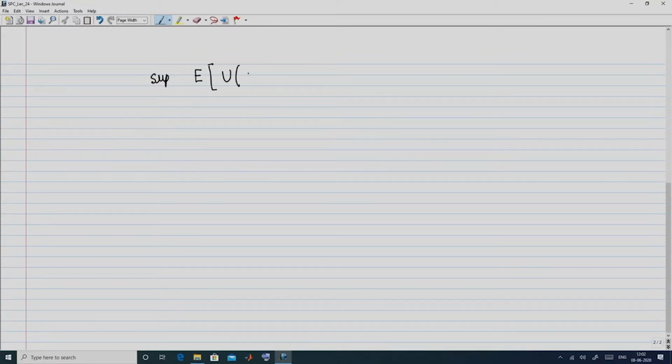So, the wealth at the final time point is X of T, and we consider its utility which is a random variable. So, we take its expectation, and this supremum or the maximization will happen over the vector delta superscript 1. Now, here we have introduced this new notation of vector delta superscript 1.